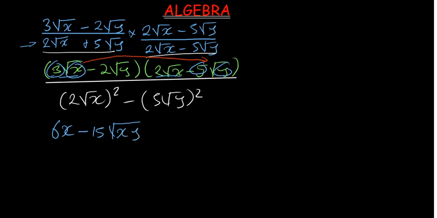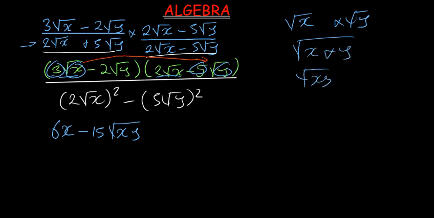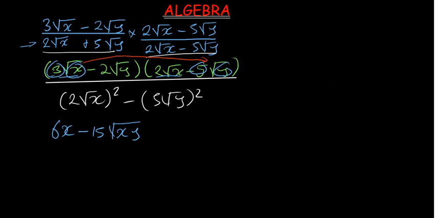Just in case you don't know where the xy is coming from: root x multiplying root y is like x multiplied by y under the same root, so it's root xy. That's why it is that arrangement.